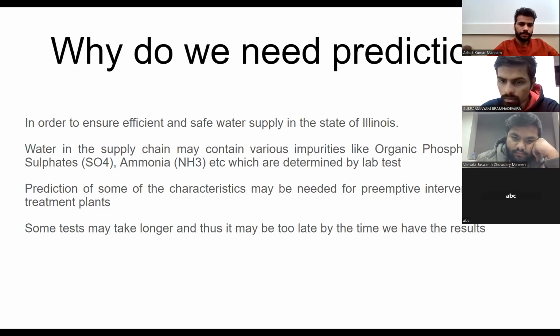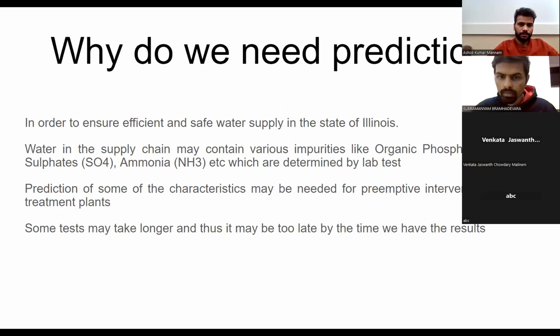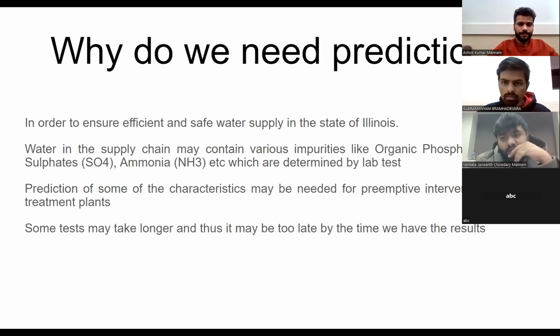In order to ensure an efficient and safe water supply, we have to do the prediction, because the data may be determined by lab tests and others, but simply relying on lab tests may not be efficient or safe, because it may be quite late by the time we get our results.